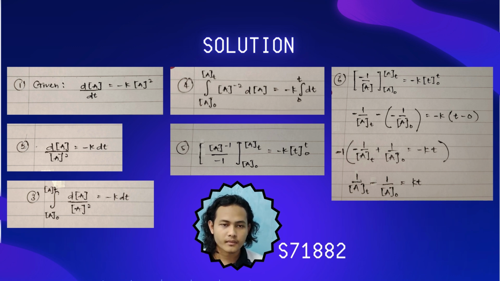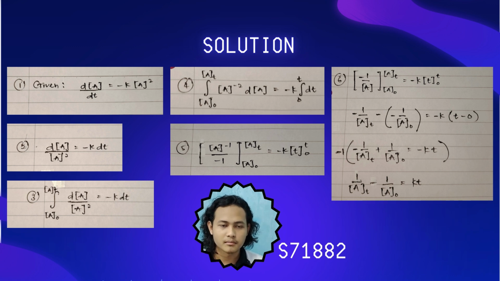And then we integrate both sides with limits A0 and At. So in this integration, we get 1 over A^2 with dA on the left. We bring the A^2 to the upper tier, and it changes to A^(-2) dA.